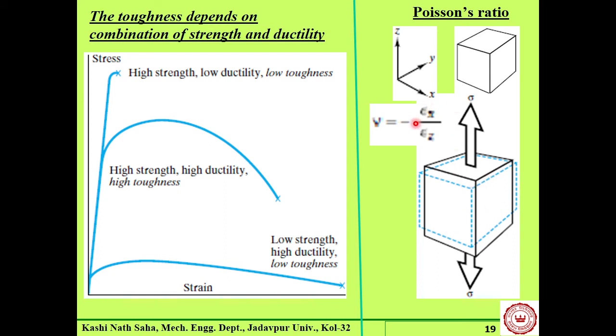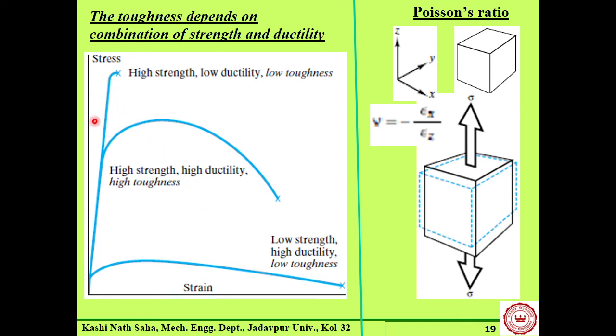That is why this is expressed as minus of this, so that the value is positive. Okay, this is another material property, Poisson's ratio. And then this is the measure of toughness, how much energy it can absorb before fracture.